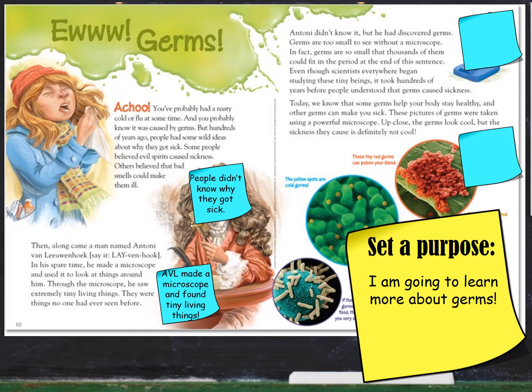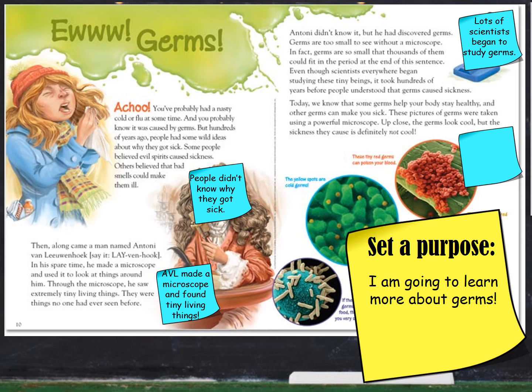Even though scientists everywhere began studying these tiny beings, it took hundreds of years before people understood germs caused sickness. That's really interesting. It took a really long time to figure that out since they first discovered germs. Let me jot down what this paragraph was mostly about. Lots of scientists began to study germs. Okay, I'm ready to move on.